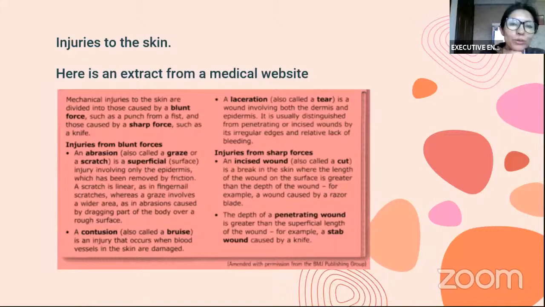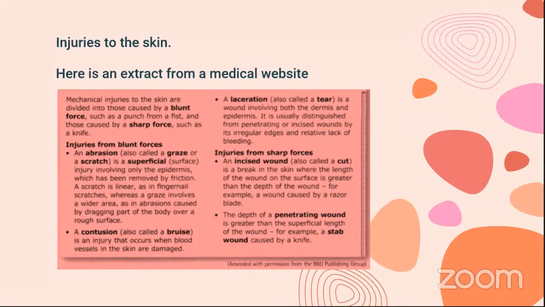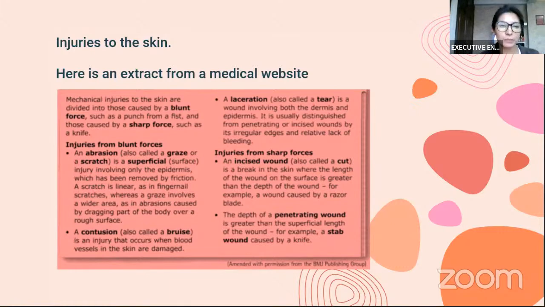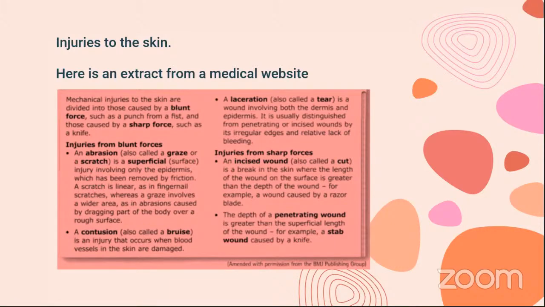Okay, Salome, can you read this for us? Sure. Injuries to the skin. Here is an extract from a medical website. Mechanical injuries to the skin are divided into those caused by a blunt force, such as a punch from a fist, and those caused by a sharp force, such as a knife. Injuries from blunt forces. An abrasion, also called a graze or a scratch, is a superficial surface injury involving only the epidermis, which has been removed by friction.